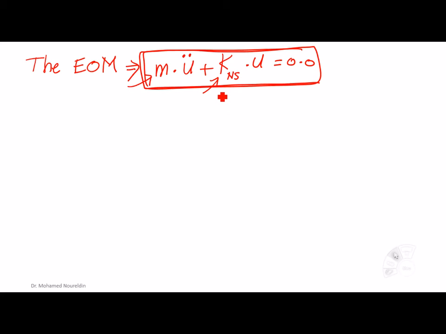But we are going to determine other parameters, which are omega, f and T, in order to make a comparison that is important for us between the north-south direction and the east-west direction. So first of all, the natural circular frequency, omega n equals the square root of k over m, right? This is what we have explained last time.